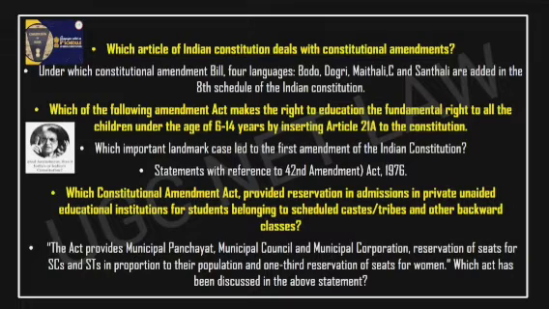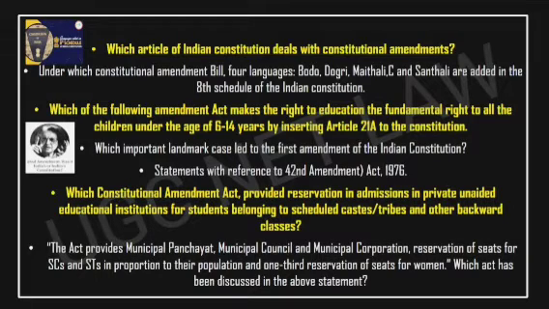Okay. So next, which constitutional amendment act provided reservation in admission in private unaided educational institutions for students belonging to scheduled castes, tribes and other backward classes? Immediately try to say, it is the question of admission in private unaided educational institutions and scheduled caste and scheduled tribe.